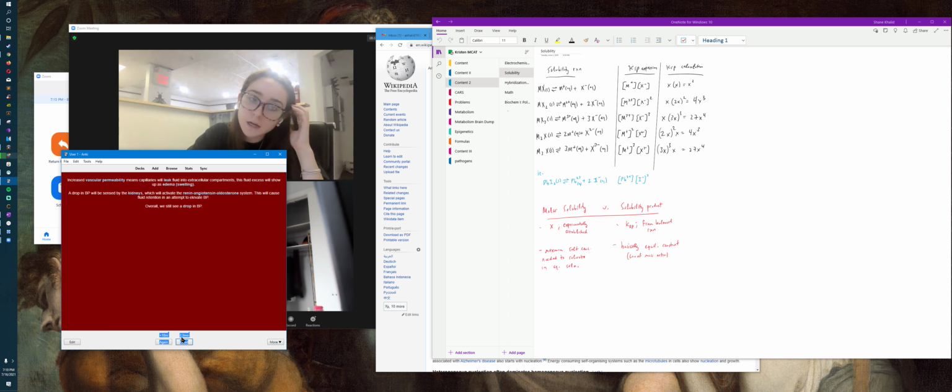If they gave you a value for the concentration of lead, then you would do the actual calculation. That's the KSP expression, and the KSP calculation would be 4x cubed.